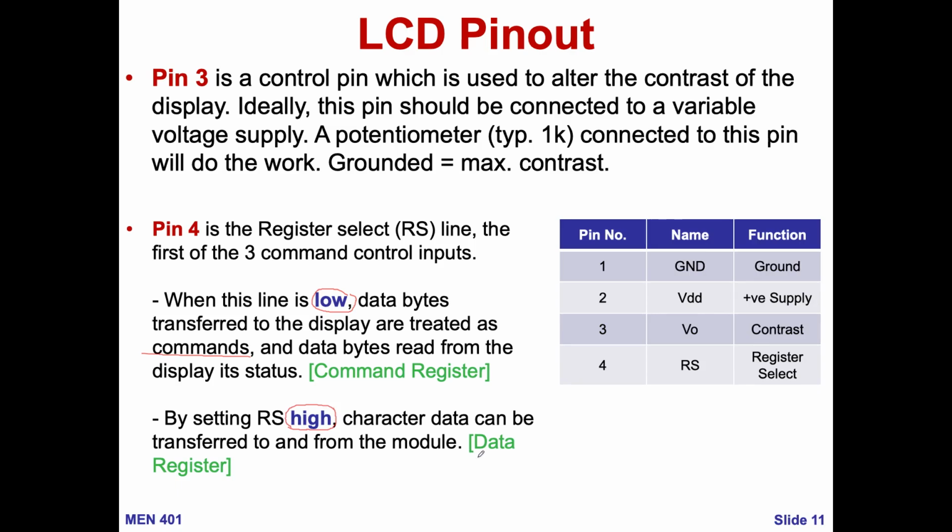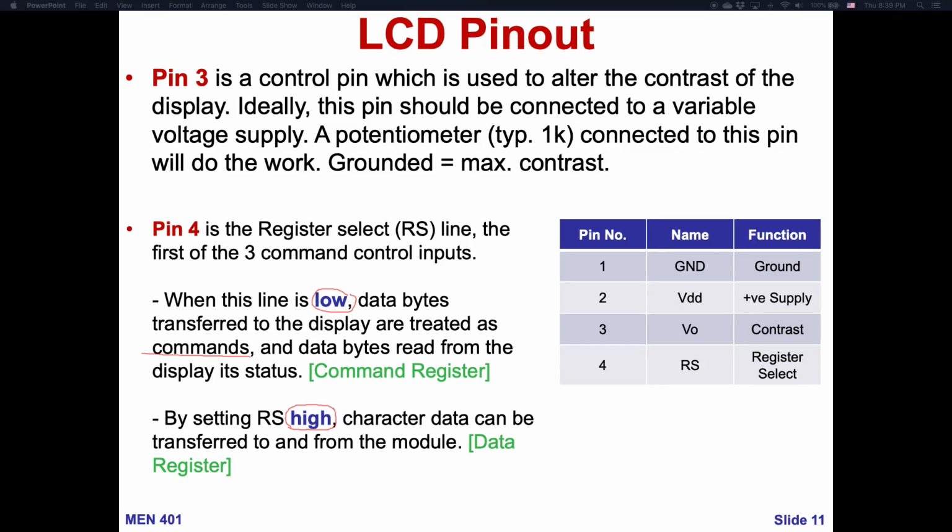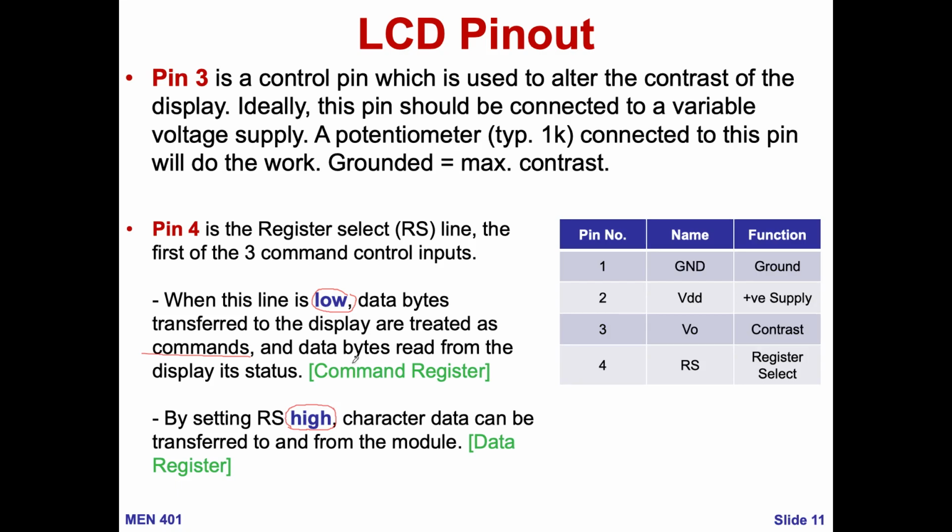For example, the letter A, the letter B, the letter C. So this RS is very important in order to check if the bytes I'm sending, and we'll see this now, are commands for programming or pure data.